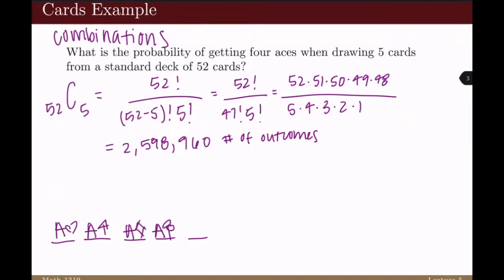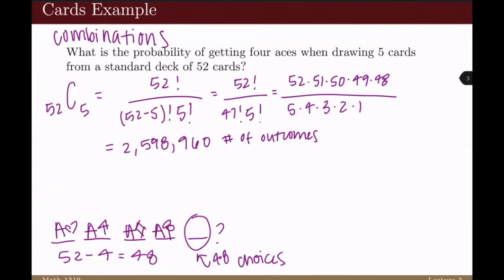But for this last card, how many choices do I have? Well, I already have 4 cards I've pulled out of my deck, so 52 minus 4 is 48. So this spot has 48 choices. As a matter of fact, this means we have 48 hands to choose from, because whatever card I put in this spot is going to be a hand that I desire.